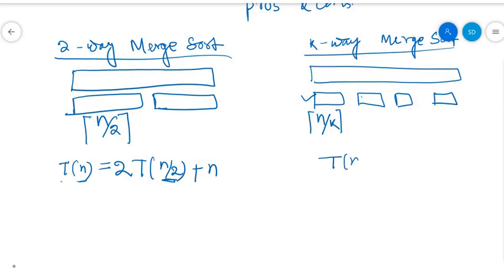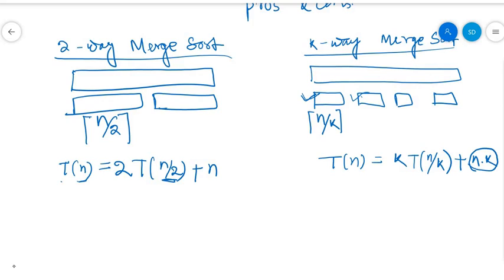Here you just write the same: we have k sub-inputs of length n over k, plus n times k. I'll show you why the time complexity of merging here is k times n. So this is the comparison of two-way merge sort and k-way merge sort.